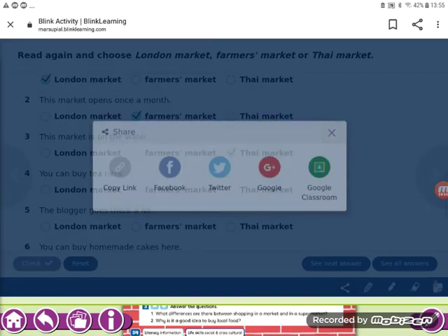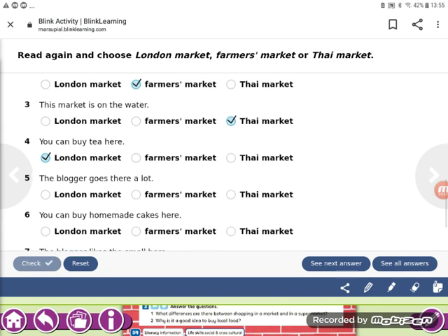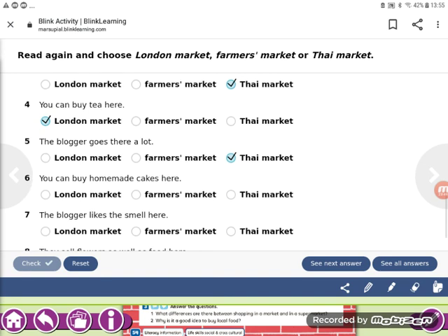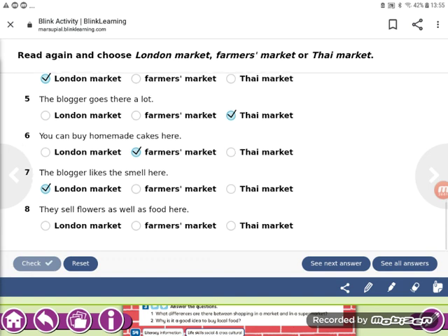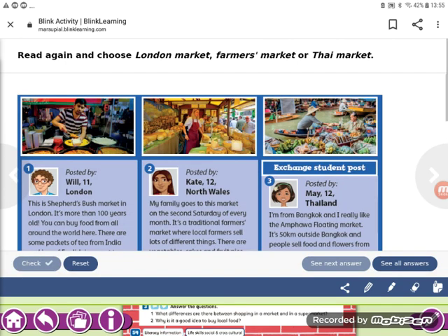London Market. The blogger goes there a lot. Thai Market. You can buy homemade cakes here. Farmers Market. The blogger likes the smell here. London Market. They sell flowers as well as food here. Thai Market.